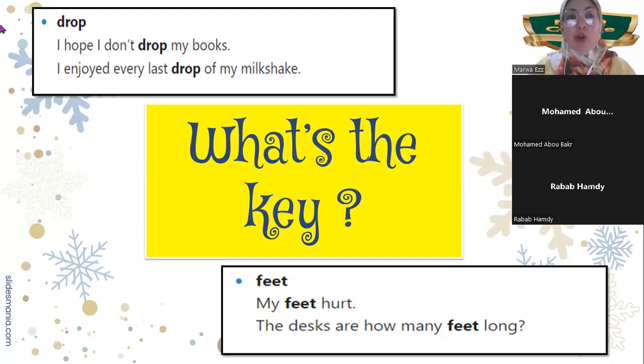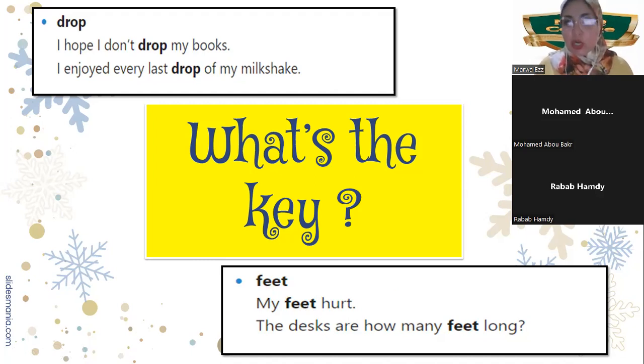Of course, when you check the clue or the context here, the words before the word and the words after the word, you can guess and understand what the word drop means. And the same with the second example here, feet. My feet hurt. The desks are how many feet long? If you see here, my feet hurt, I can understand that these are my feet, the body parts.